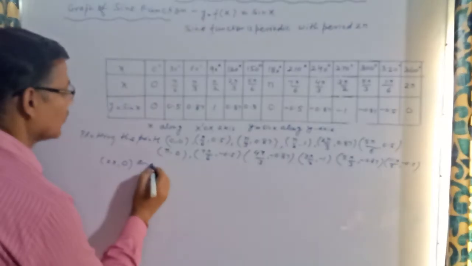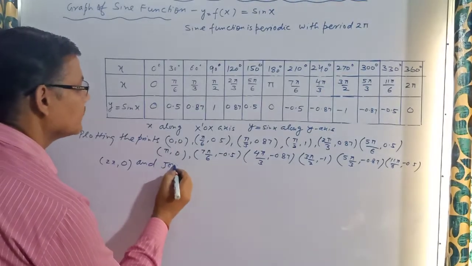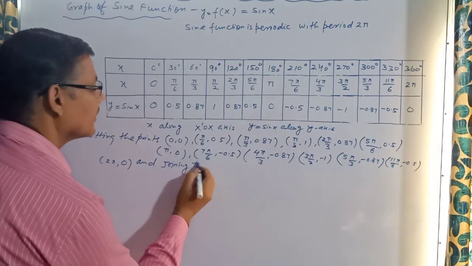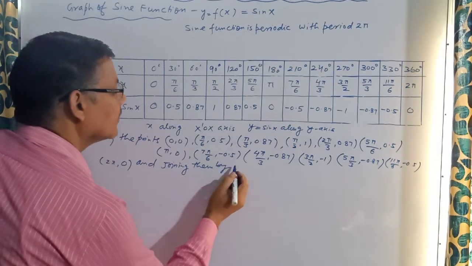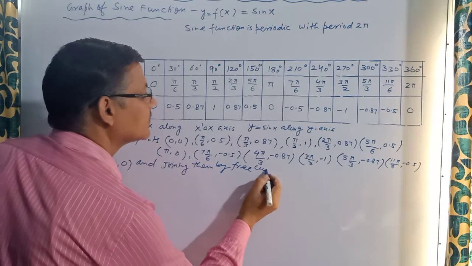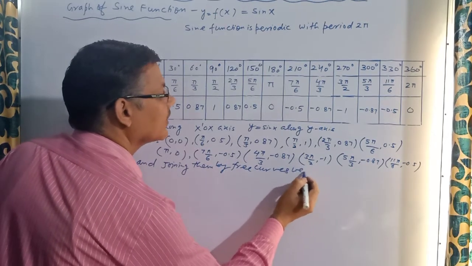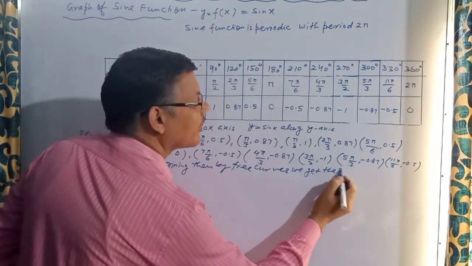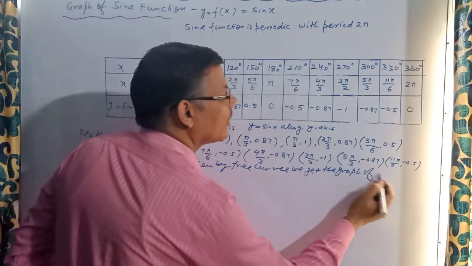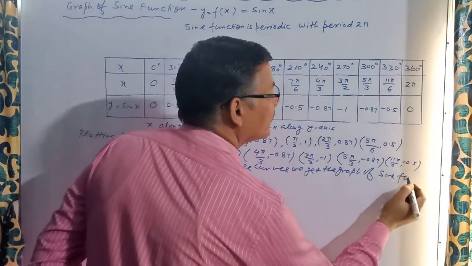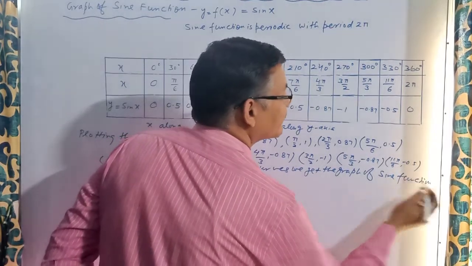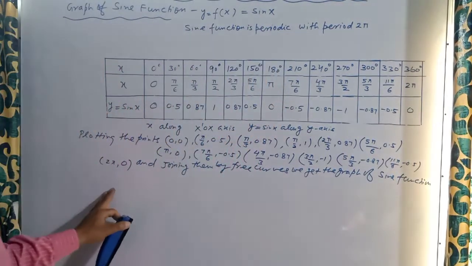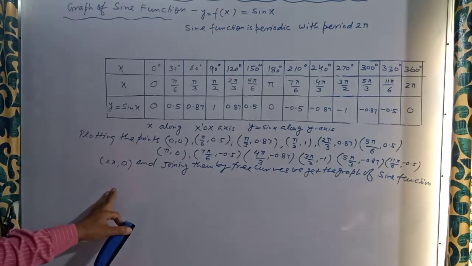And one more thing, joining them by freehand curves we get the graph of sine function. This is the way by which we get the graph of sine function.